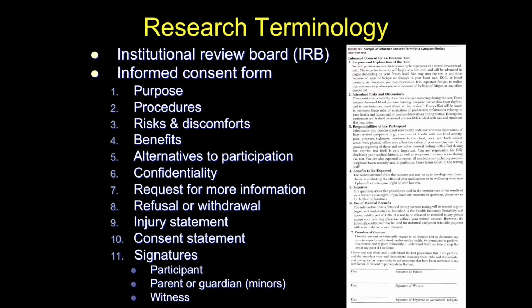In other words, are you forcing these folks to participate in this research project? We want to make sure that the information that's collected about people is confidential and that you're not going to share names and addresses and phone numbers and all that kind of stuff with everyone. And if the participants have more questions, can they request more information? Can they refuse or withdraw from the study at any time?